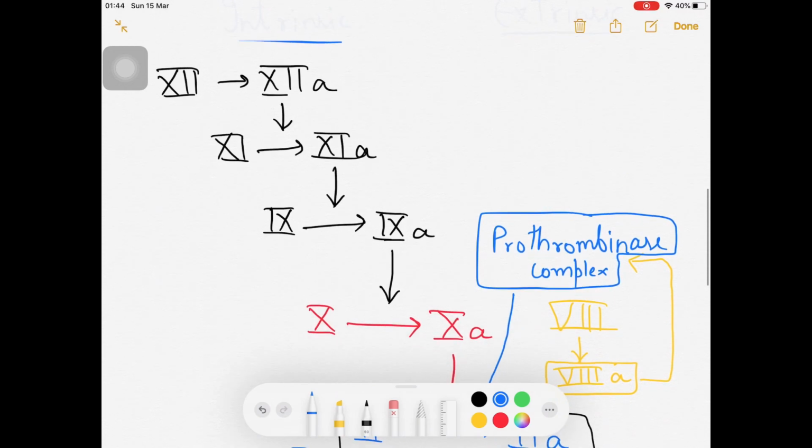Let me tell you one more thing: what does this prothrombinase complex carry? It has factor number 10a, along with factor number second, and along with that factor number 5a. That is the prothrombinase complex.